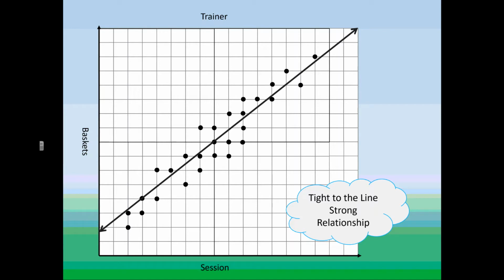Now, instead of using the word relationship, mathematicians developed the word correlation. So we call it a very strong correlation, a very strong relationship between the number of sessions and the baskets that people make. That's what happens if all the dots are really tight to the line.